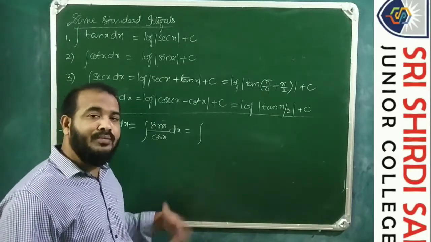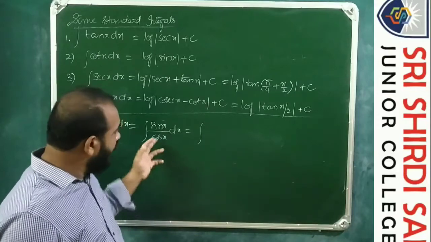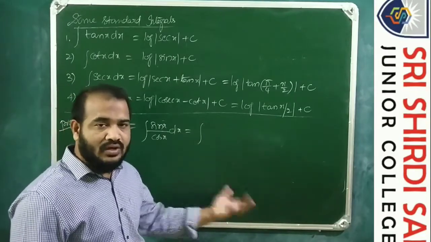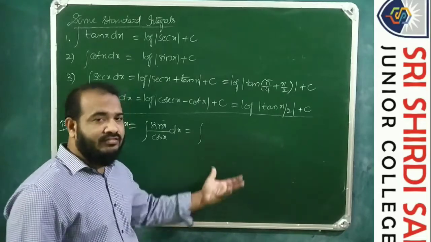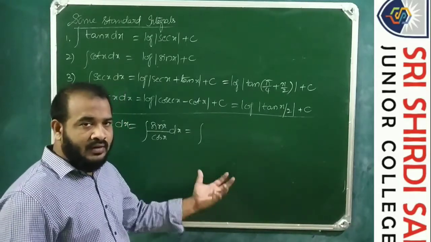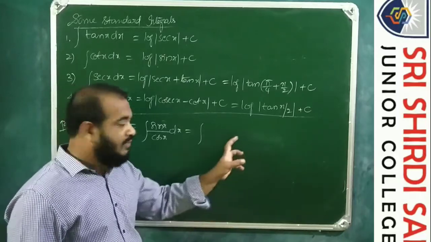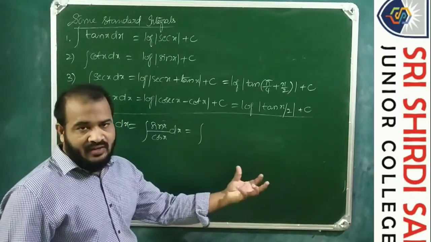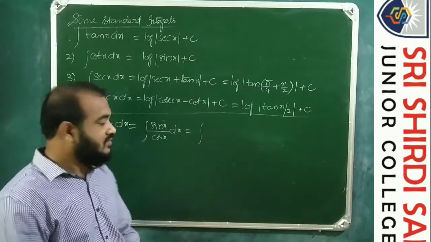Or if you are familiar with the results, then without doing all these things, you can directly come to the conclusion. So let us try to evaluate in both the ways. One, by conventional method of substituting something is equals to t, and second one direct by results.